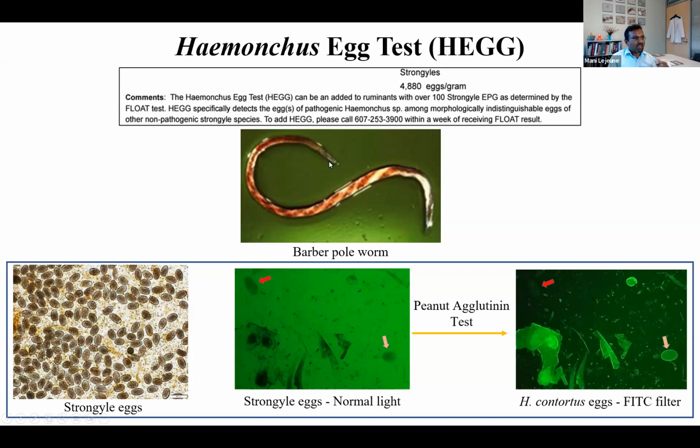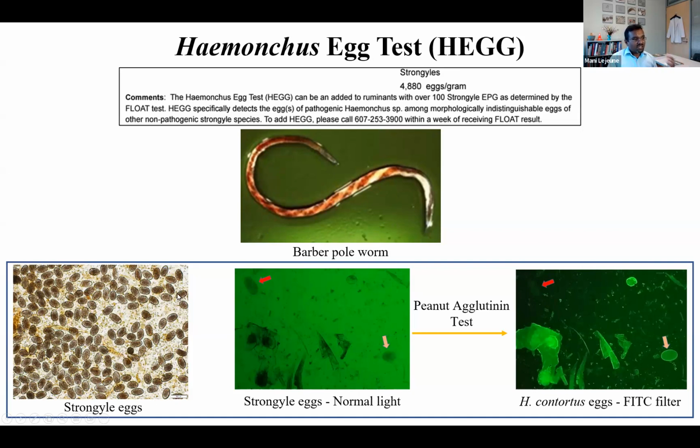That's why the common name for this worm is barber pole. Because it sucks a huge amount of blood, it uses all the protein from the blood meal to make eggs. That's why they are prolific egg shedders, shedding a huge amount of eggs in the feces.